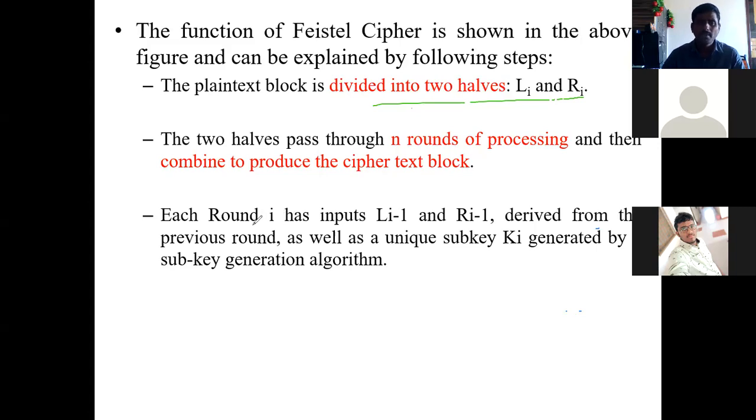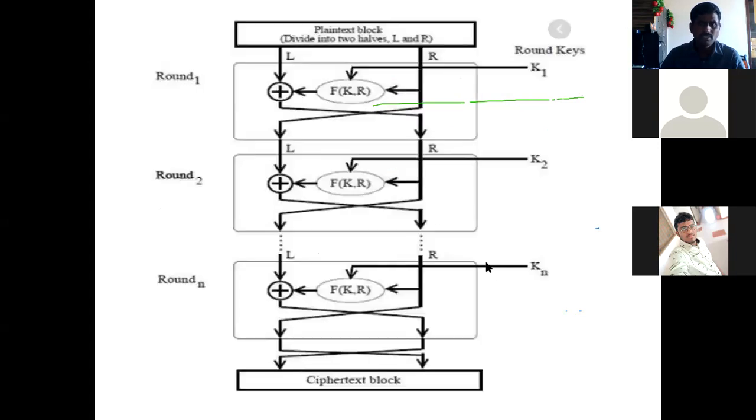You see, in each round, the inputs Li minus 1 and Ri minus 1 are derived from the previous round. I have shown you in the structure. See the input of each round. See these two inputs, for example, this one and this one. We have taken these from the previous round.